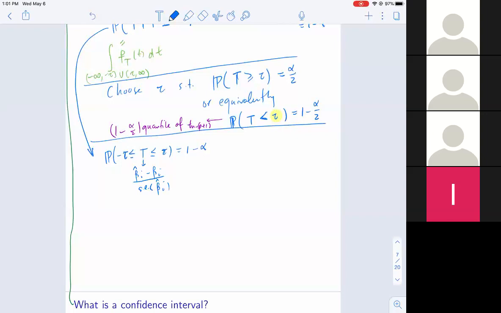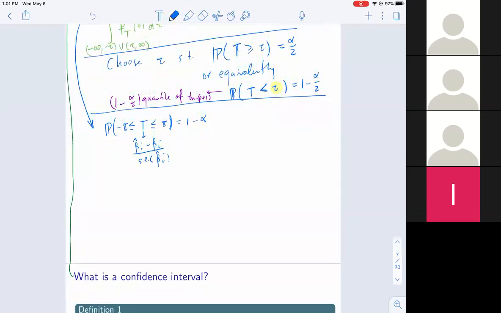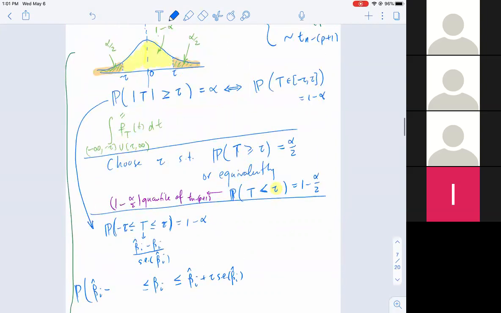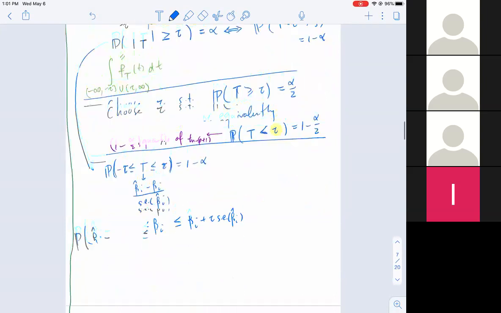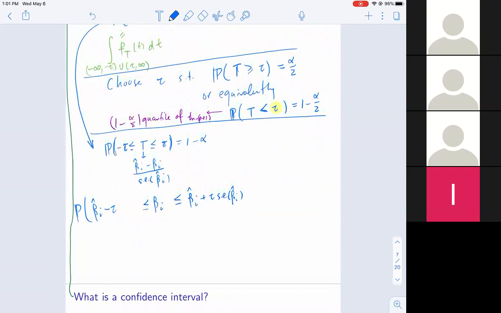If you do some algebra, you can see that this is equivalent to beta i being between beta hat i plus tau times the standard error of beta hat i, and beta hat i minus tau times the standard error of beta hat i.